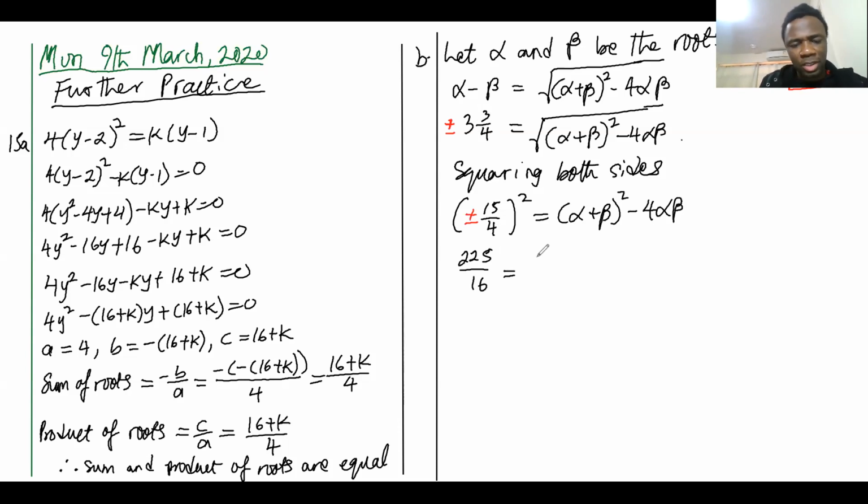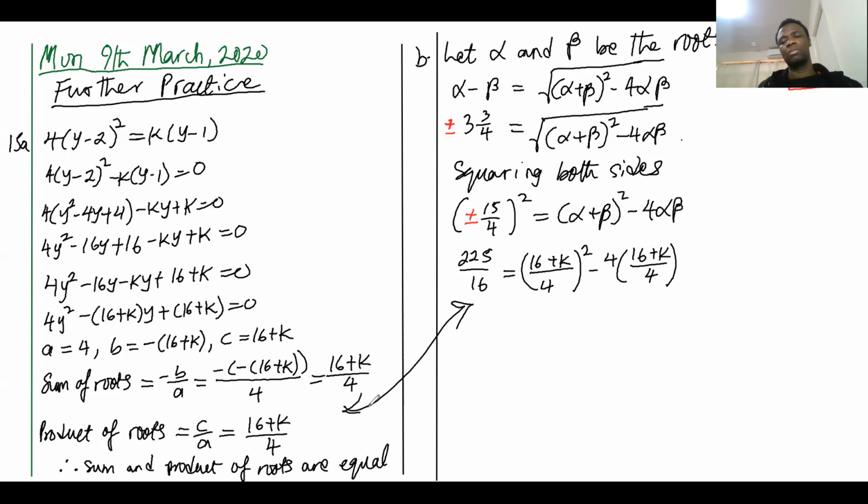Alpha plus beta is the sum, 16 plus k over 4, all squared. Alpha beta is 16 plus k over 4. See that? From here. Okay, so now k is the only variable here.